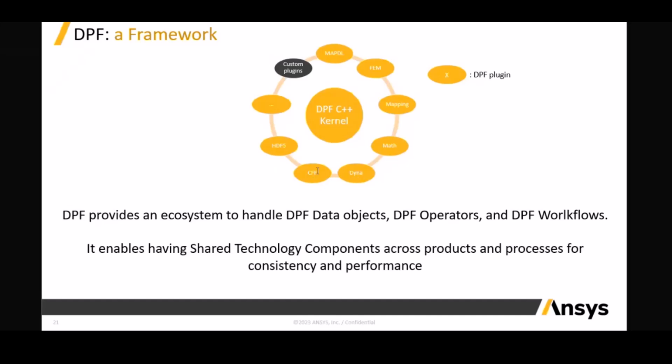For example, we have a CFF plugin, which enables operators to read CFF files like Fluent files or CFX files. Then we have the EMEA plugin, with readers for EMEA results. HDF5, which brings operators to read and write to HDF5. We have Dyna operators, mapping operators. And so the idea is that this is extensible. You can create your own plugins, you can create your own operators, and this is always expanding.